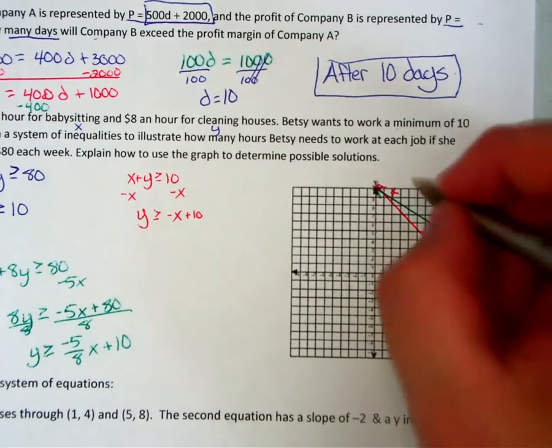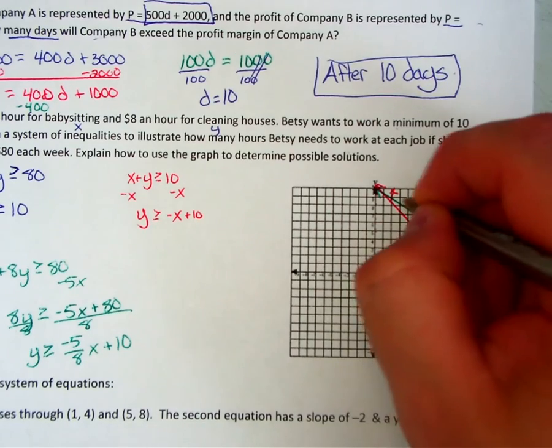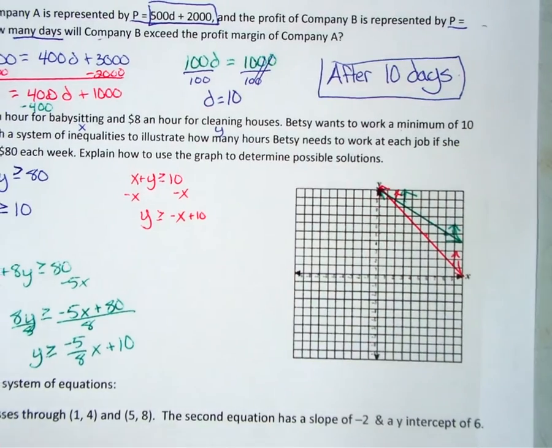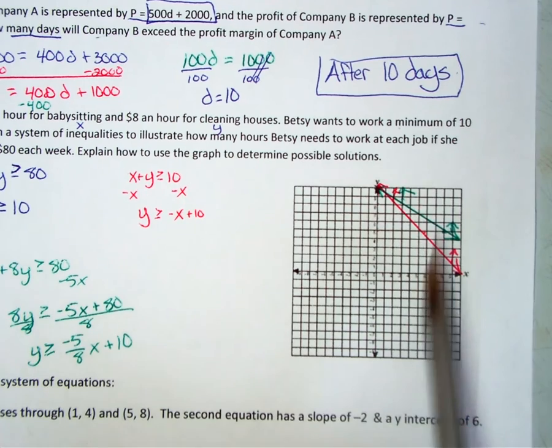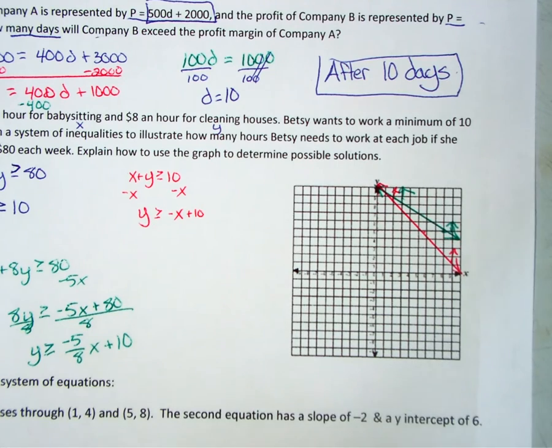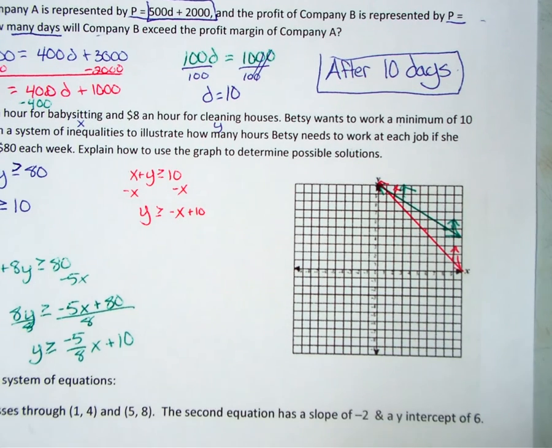And again, we want the values to be greater than. So, how am I going to use the graph to explain the possible solutions? Any solution where x is above the green line and y is above the green line will satisfy this system of equations.